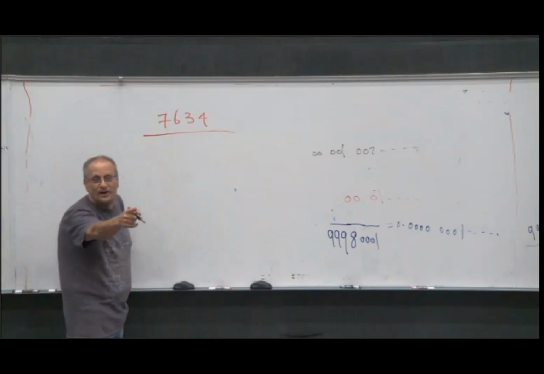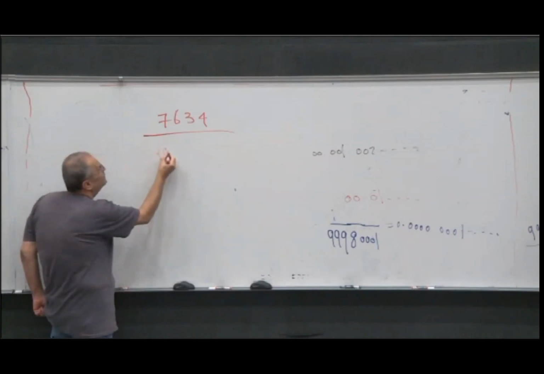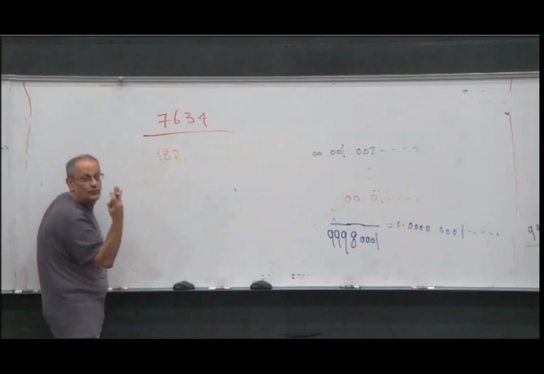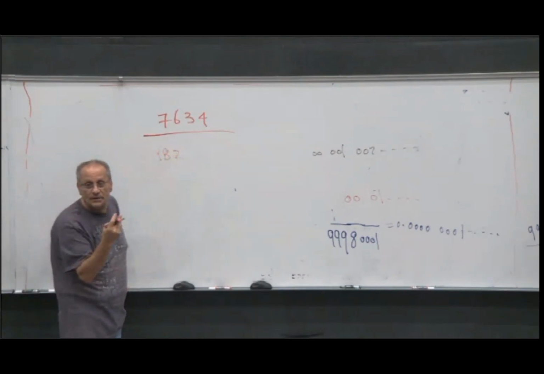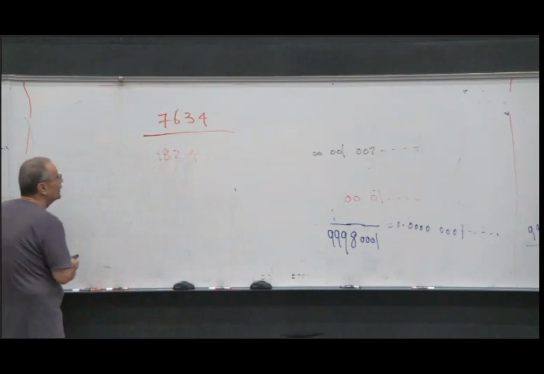Let's start with the student. 9, 8, 2. No, 4-digit. Okay.